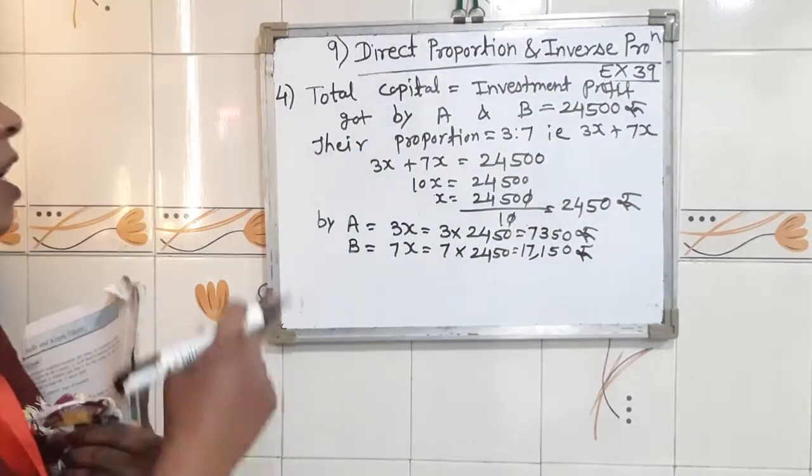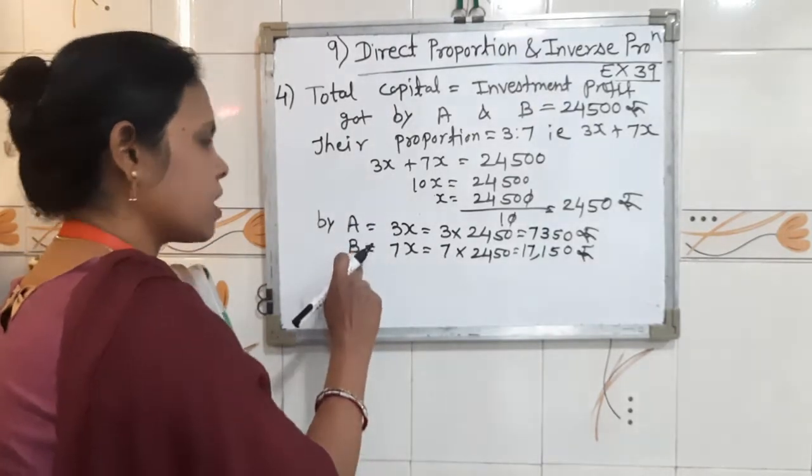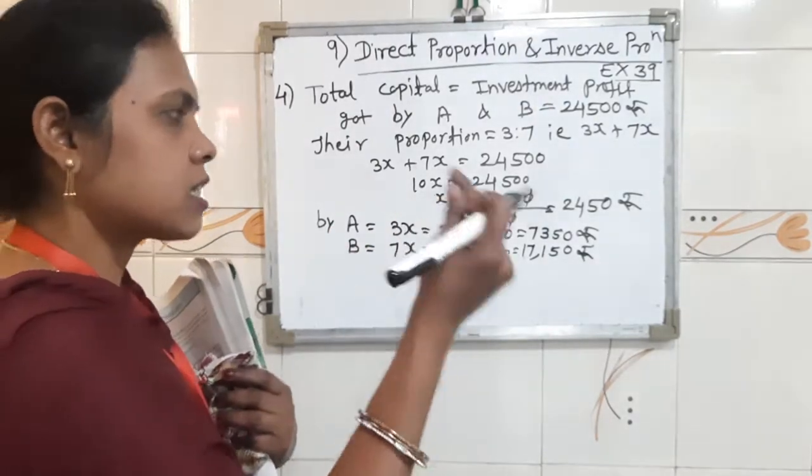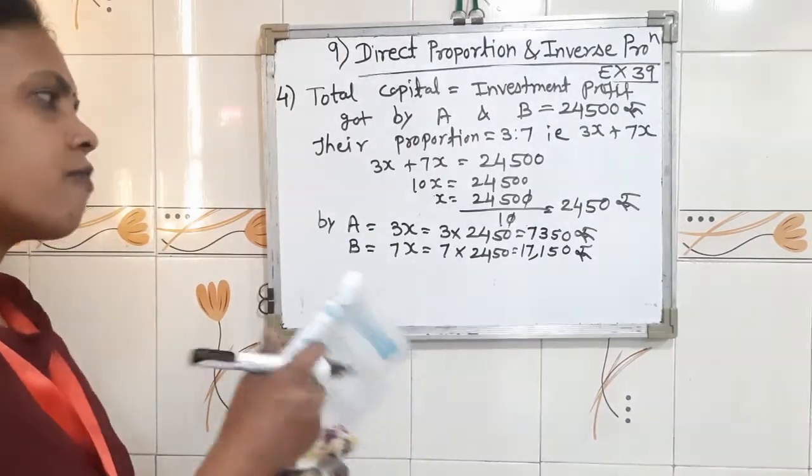So children, from here A and B are both giving separate amounts for the soldiers welfare fund.